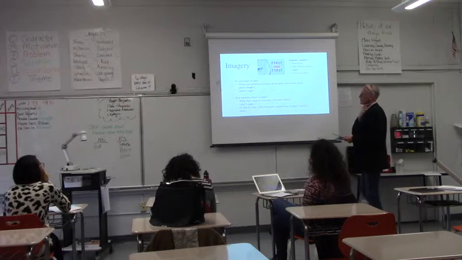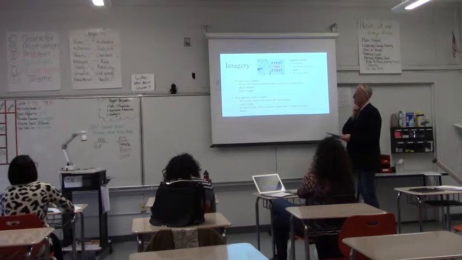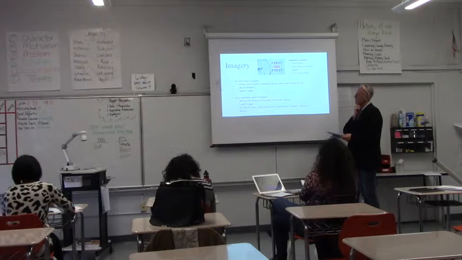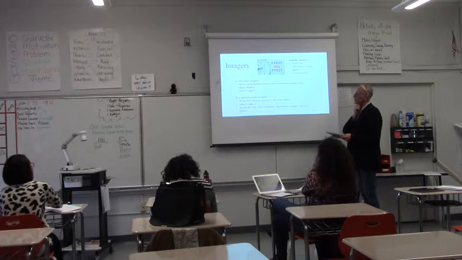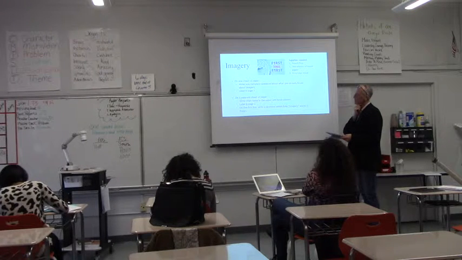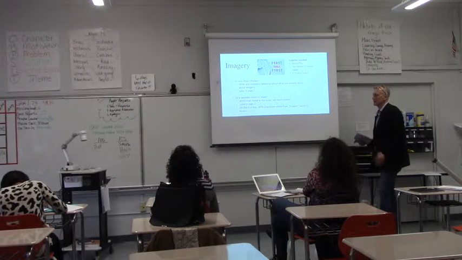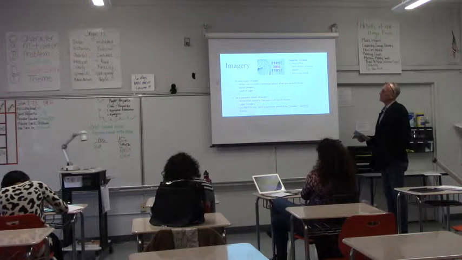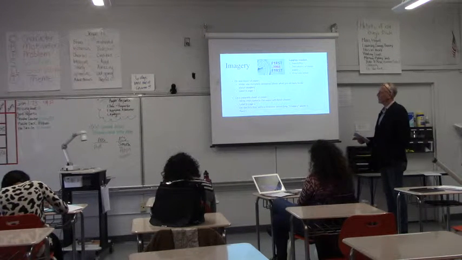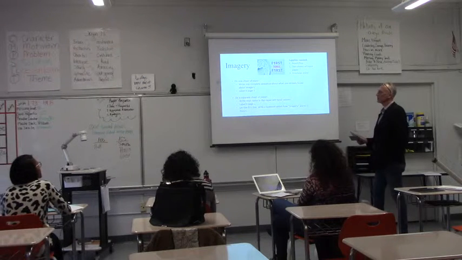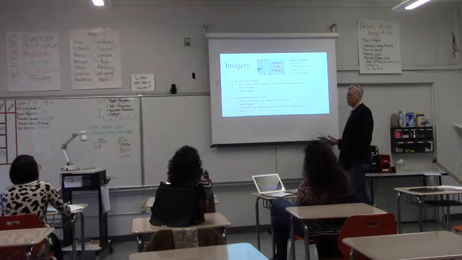Then on a separate sheet of paper, write your name in the upper left-hand column and label it page 2. And then briefly jot down a question that you have going in about how imagery works in poetry.